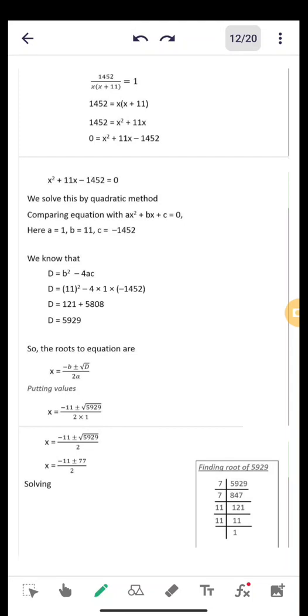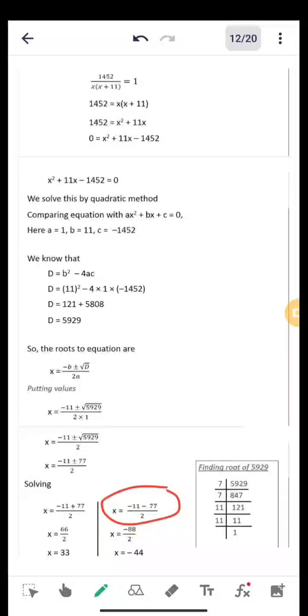Solving this, first taking minus 11 plus 77, we get 66 by 2, that is 33. And taking the negative sign, minus 11 minus 77 by 2, that is minus 88 by 2, minus 44. We should take both the values, plus as well as minus.